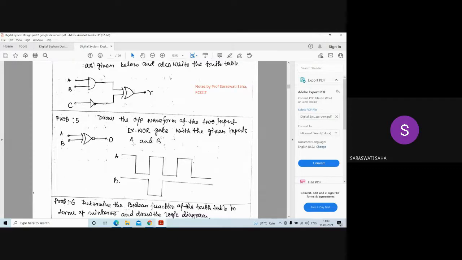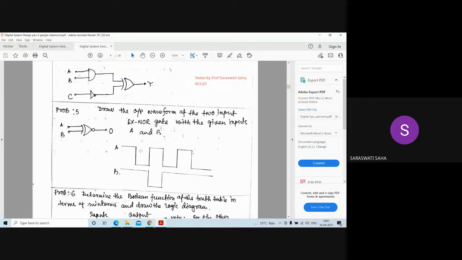Another question is here. Draw the output waveform of the two input XNOR gate with the given inputs A and B. How can we solve this? One input waveform is for A and one for B. What is XNOR gate?